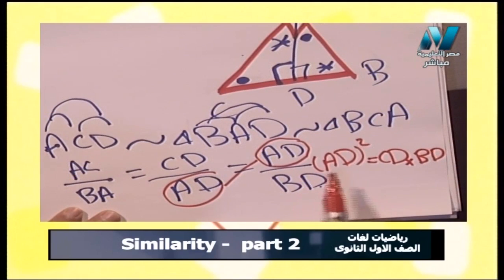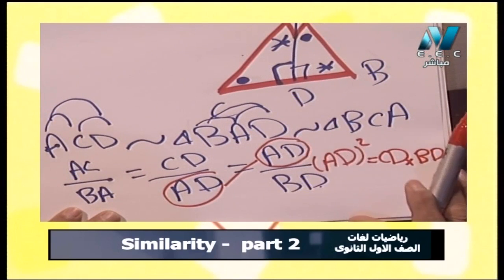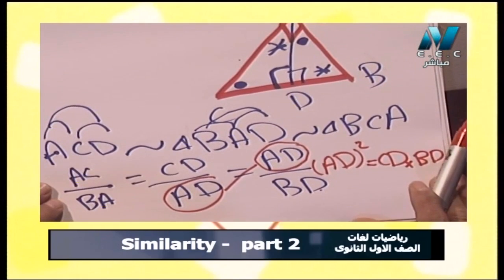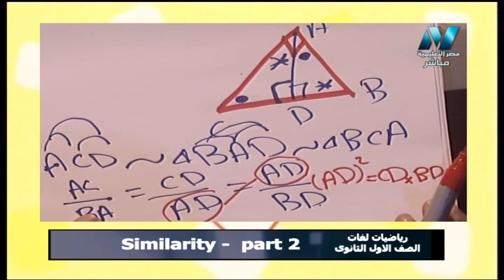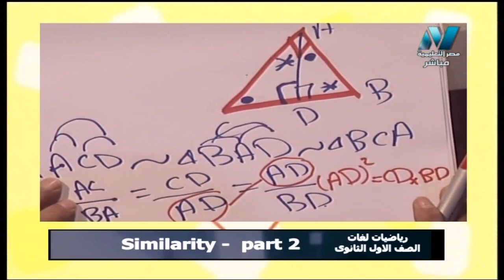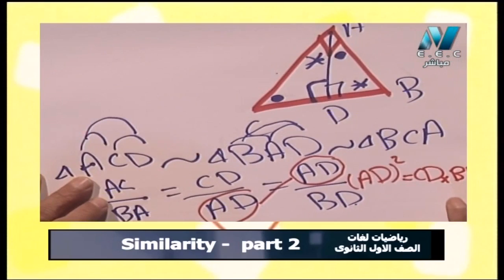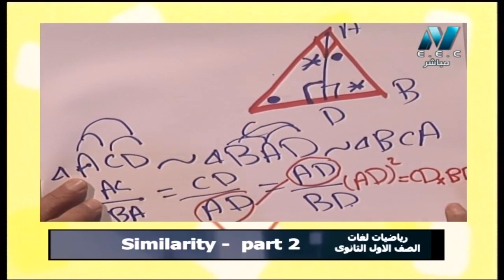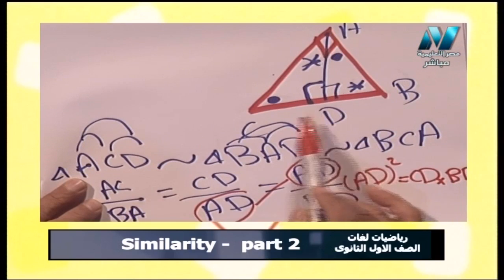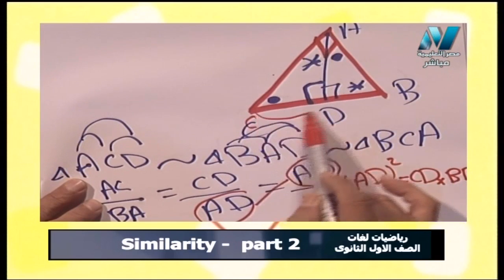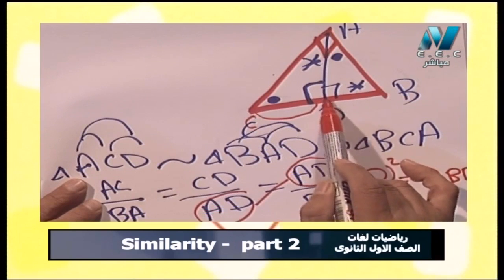When we look here at the figure, we have AD power 2 equals CD times BD.